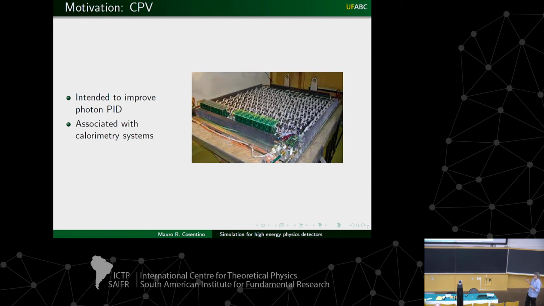And after years of working with the ALICE tracking, they realized that it could be better to have a dedicated CPV really close to the surface of the calorimeter, because you have to rely on algorithms that will make the propagation of the track through the calorimeter. So there is a space where you don't know what is going on. You don't have tracking in that space. So you may not know if you're really matching the right charged particle track to the right calorimeter signal. So this is why you put something like that very close to your calorimeter.